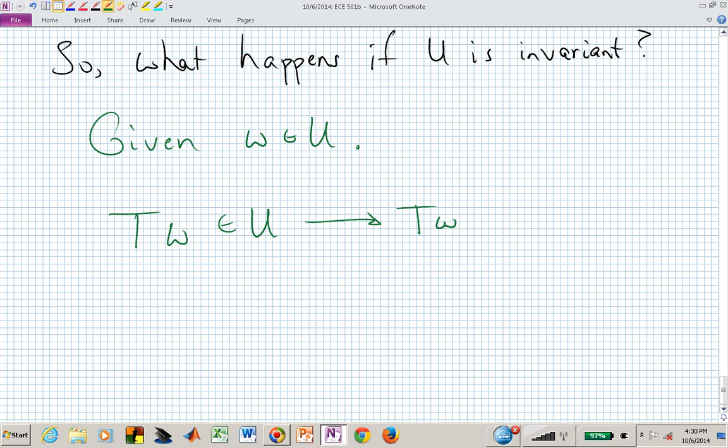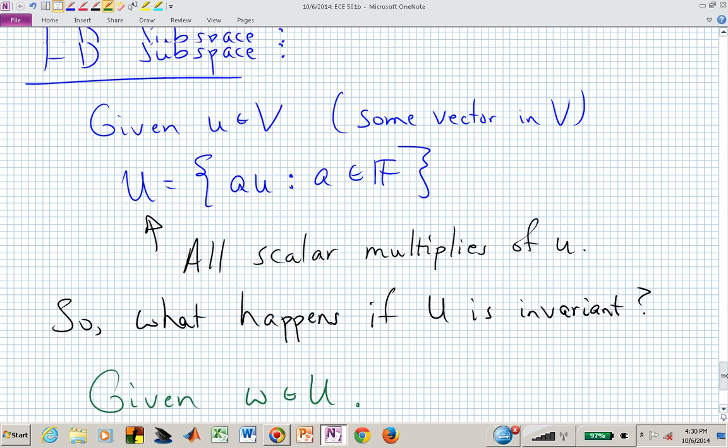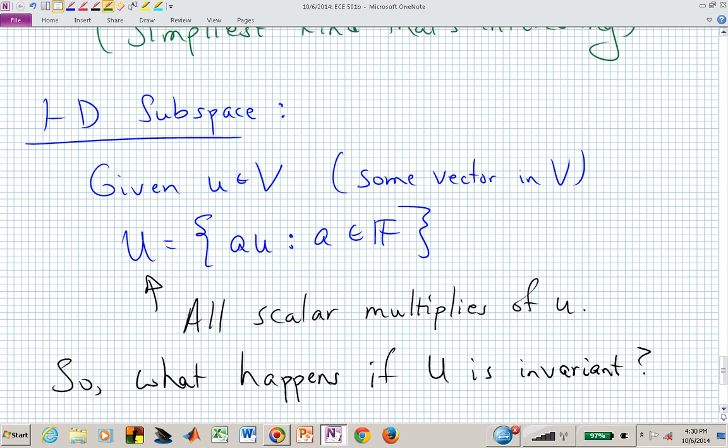The response was it's an eigenvector, or it's going to give you this eigenvalue-eigenvector relationship, essentially. But Tw belonging to U, if we defined U to be this, then we could just repeat what U means.